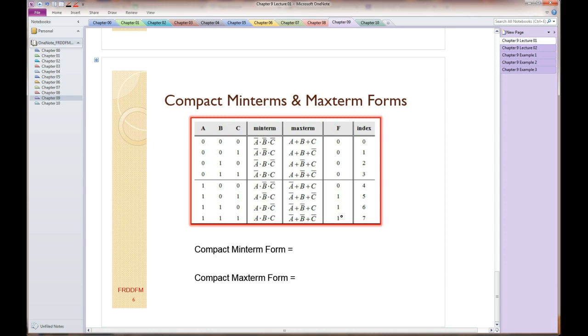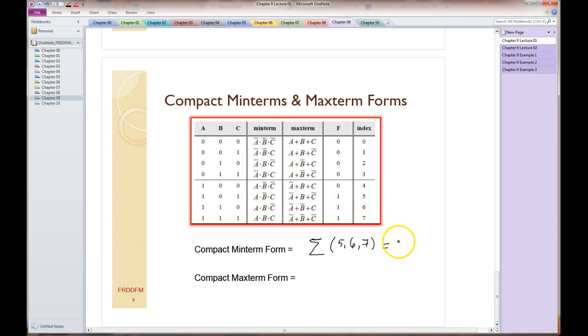So what they have here is a way of representing these in what is referred to as compact min-term form and compact max-term form. So the compact min-term form essentially tells me where the ones are, and it uses the decimal indexes for this. So the compact minterm form is going to be where I see a 1, which is 5, 6, and 7.